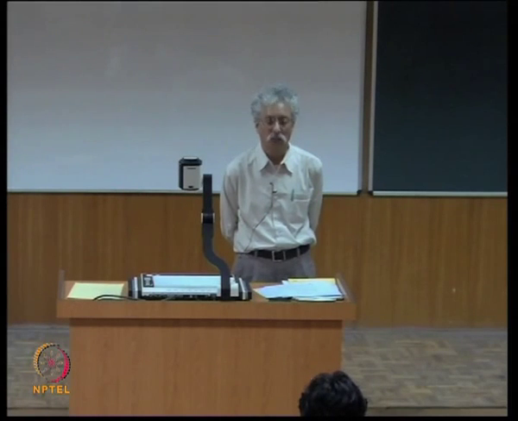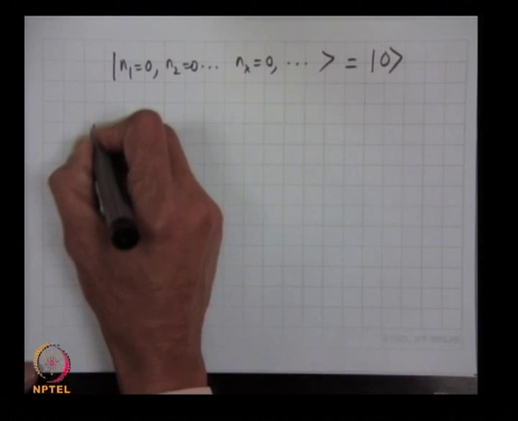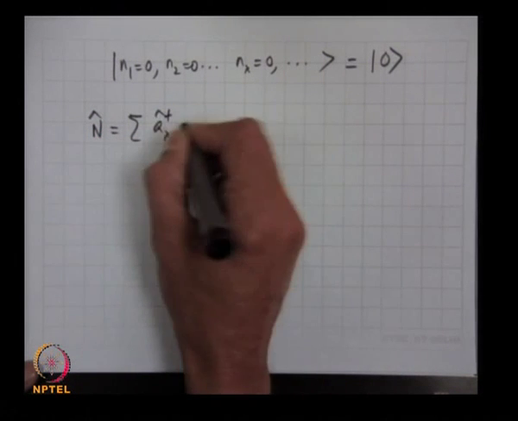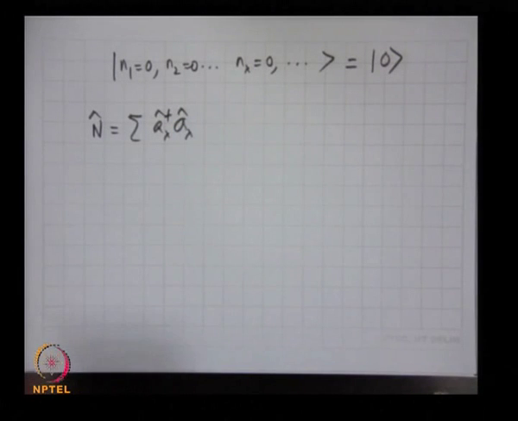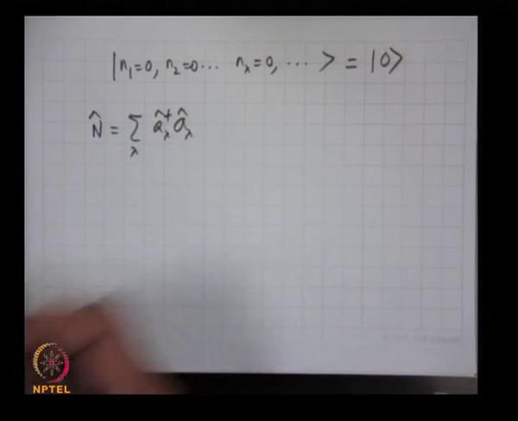Yes, Mohit. So if you operate the number operator on the state that you had written. Now, what is the number operator? Because this is only the number operator for the lambda mode, I have to sum over all the lambdas.